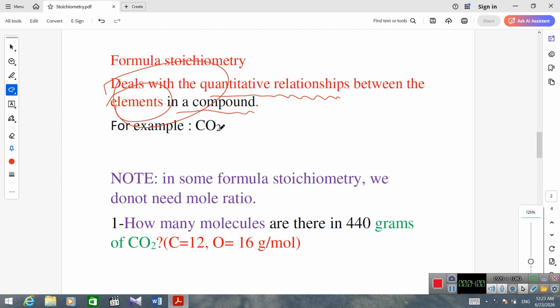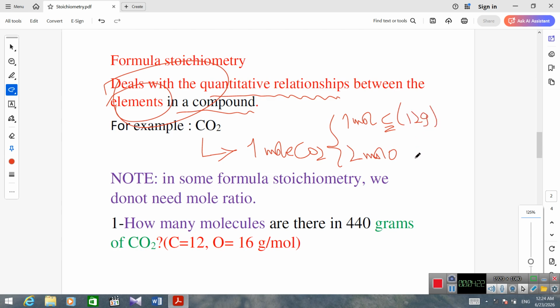For example, in carbon dioxide, we can say in 1 mole of carbon dioxide, we have 1 mole of carbon and 2 moles of oxygen, or 12 grams of carbon and 32 grams of oxygen.